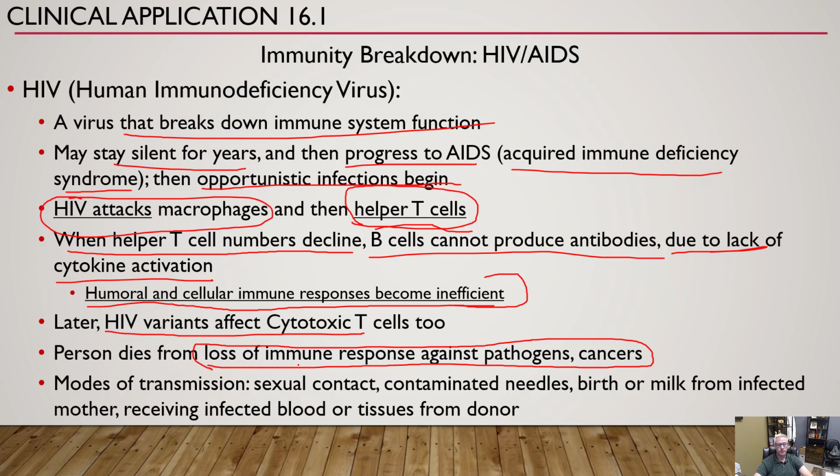And I think by now we know modes of transmission of HIV: sexual contact, sharing needles. You can actually get HIV from milk from an infected mom, or if mom has HIV and delivers the baby. Or if the blood is contaminated, or if the tissue has HIV and you receive that as a donor.